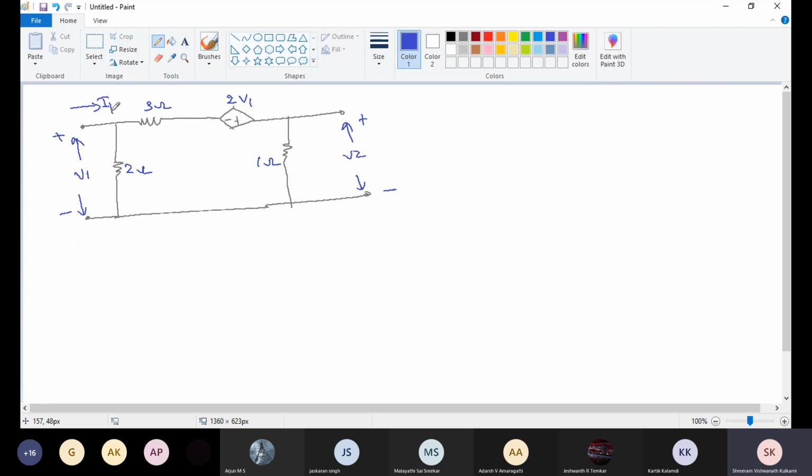This is given as I1, here is given as I2.